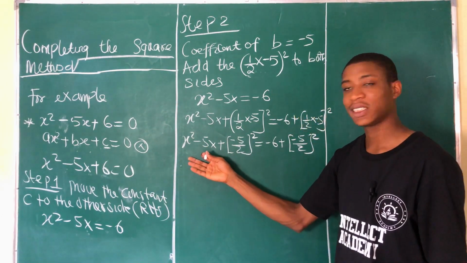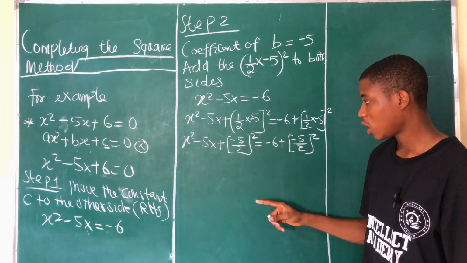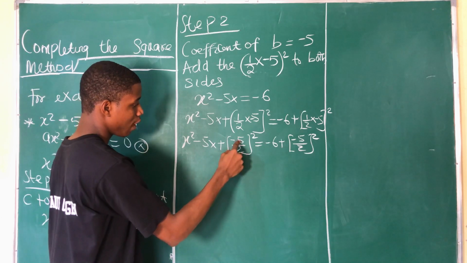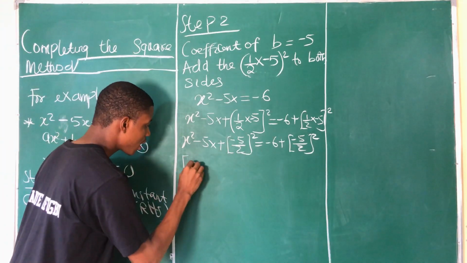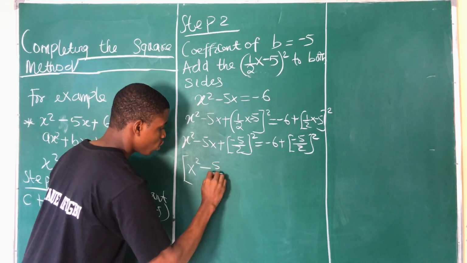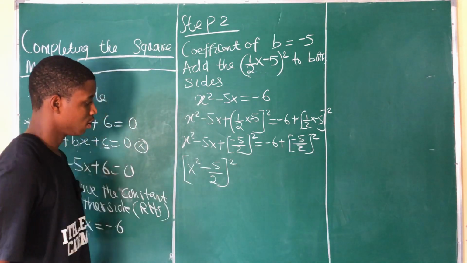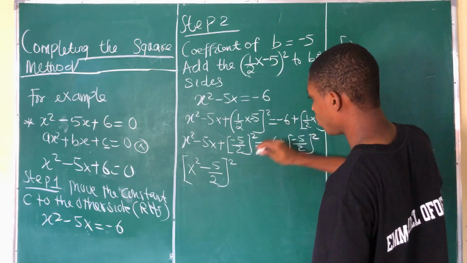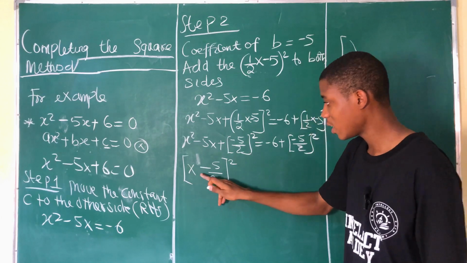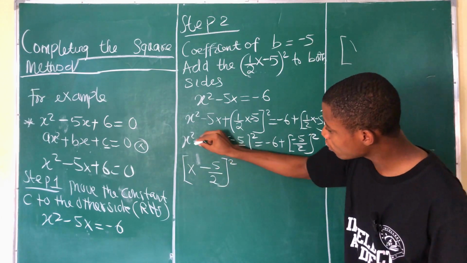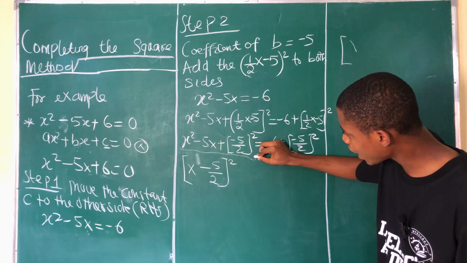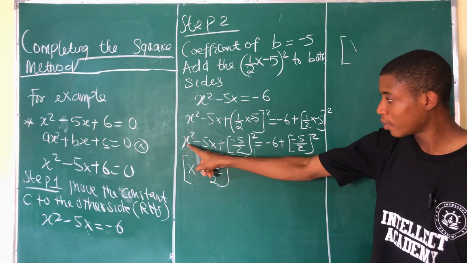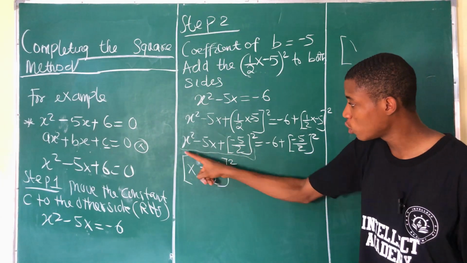When you reach a point like this, you have x squared minus 5x plus negative 5 over 2 all squared. Let's try to factorize it. You're left with x minus 5 over 2 all squared. When you see a scenario like this, in any quadratic equation you're doing, you must take the first term and the term inside here. It must give you this expression.